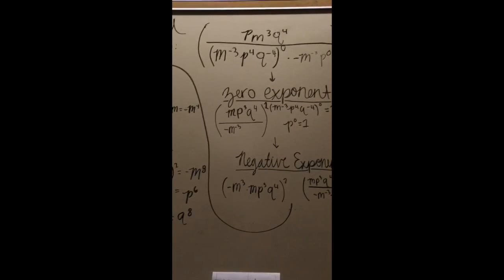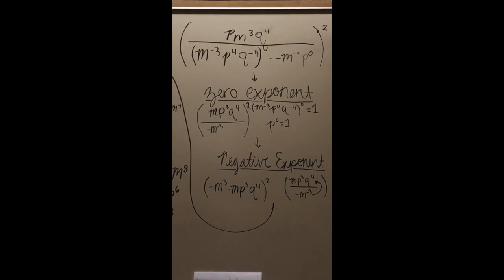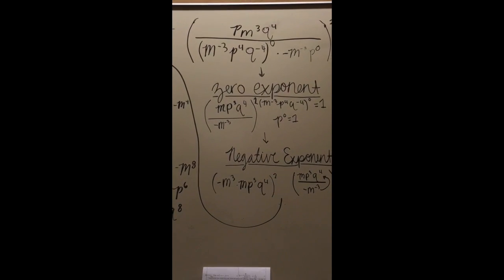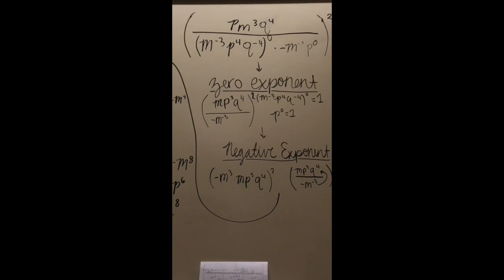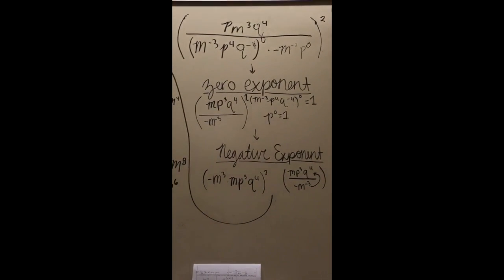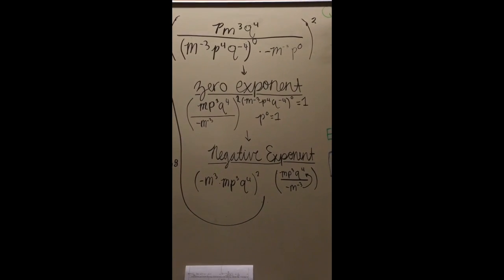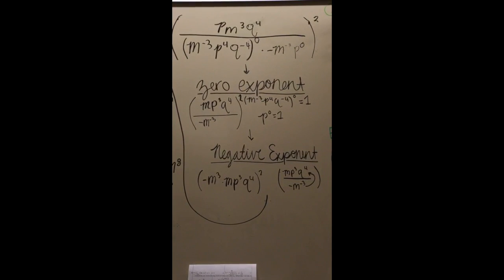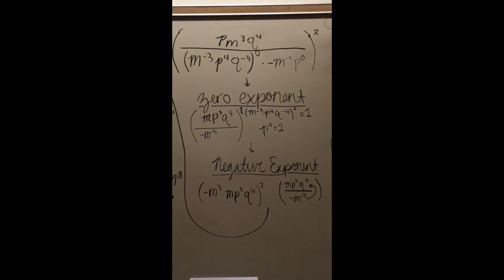By using the zero exponent rule, we can simplify the equation to m p to the 3, q to the 4 over negative m to the negative 3 in parentheses to the 2. We know this because p to the 0 is equal to 1, and our math is shown off to the side.